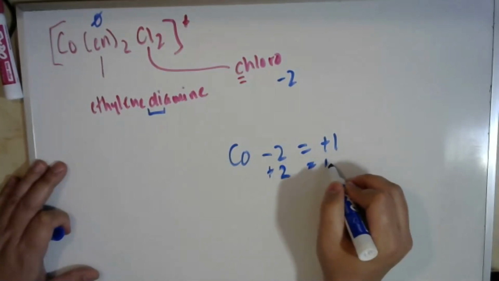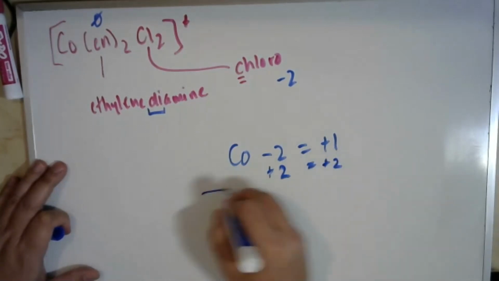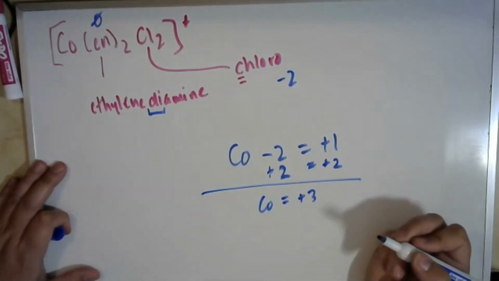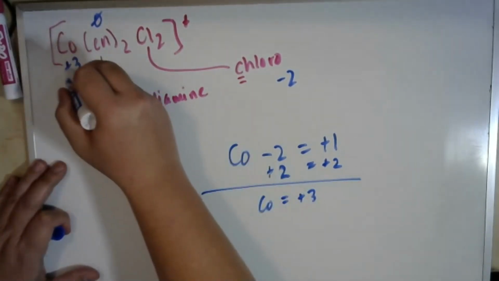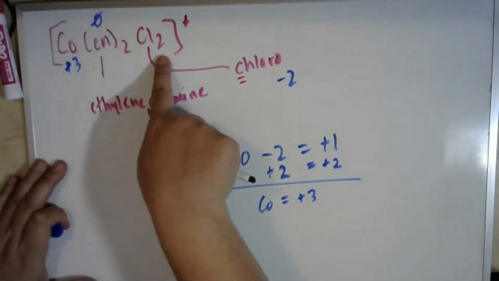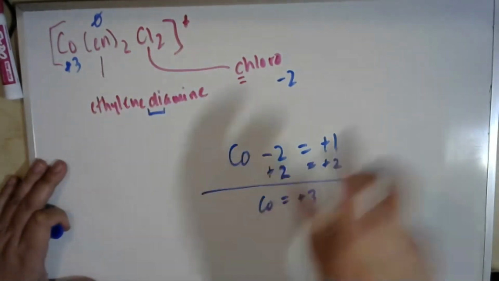I like to set it up like little math problems. So the cobalt ion is going to have a charge of +3 here. And that should make sense, because if you have +3 cobalt and -2 chlorine, you're going to have an overall charge of +1.